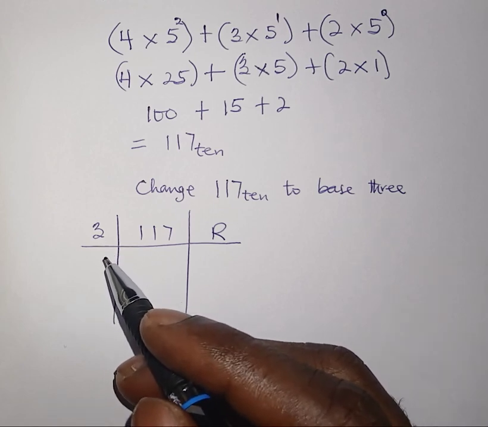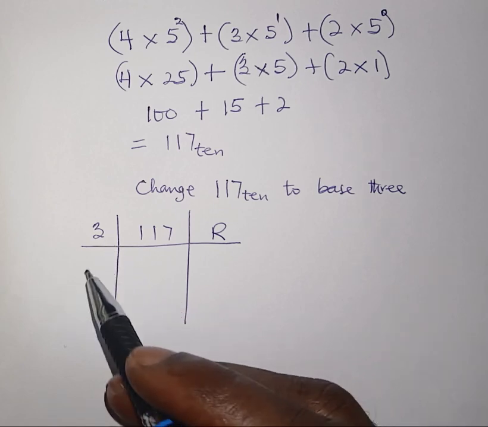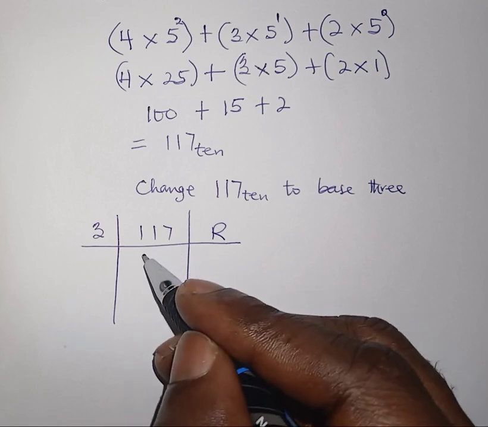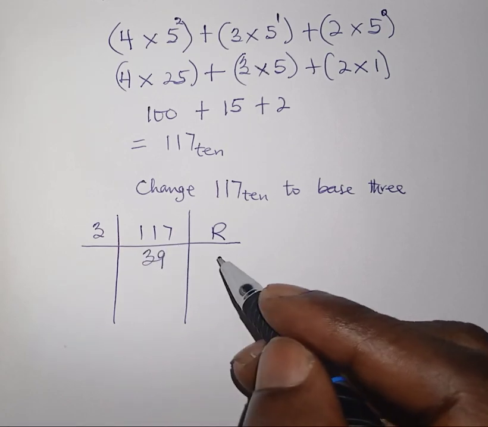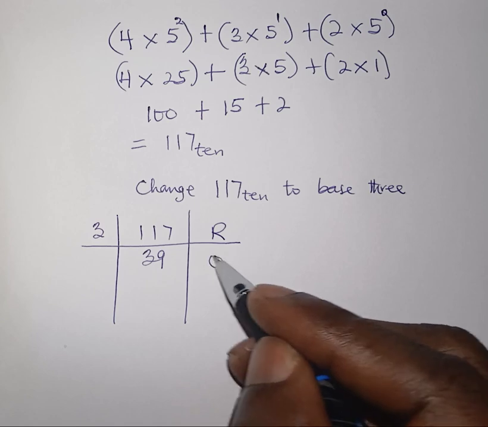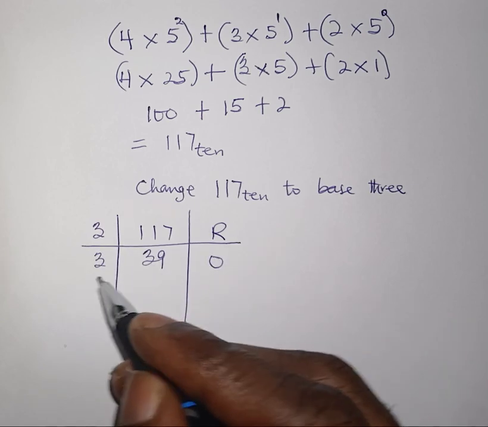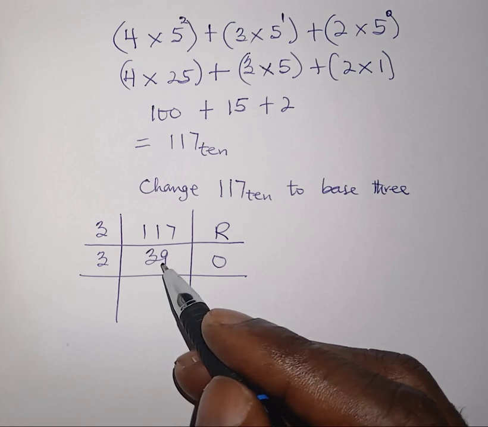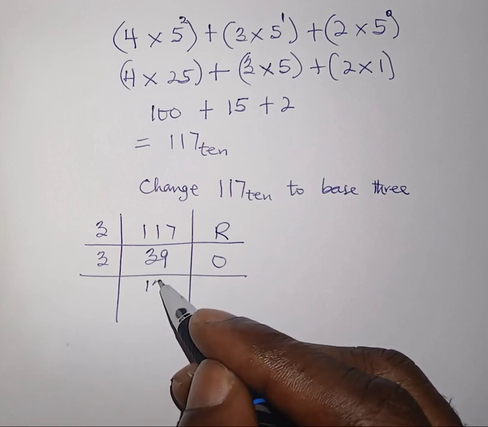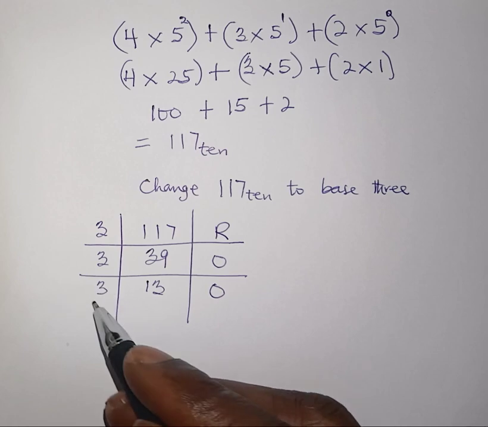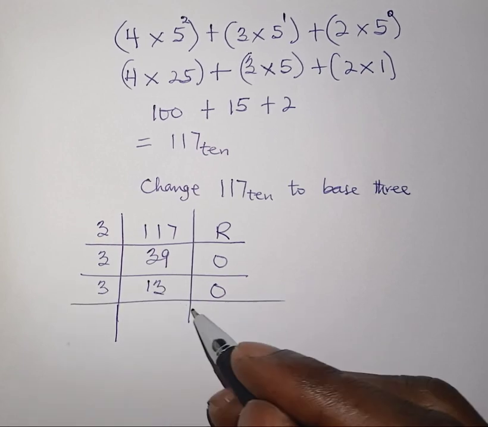Here, 3 divides 117 how many times? We're going to get 39, remainder 0. So 39 we can still divide. 3 divides 39 how many times? 13, remainder 0. We can still divide 13 by 3.